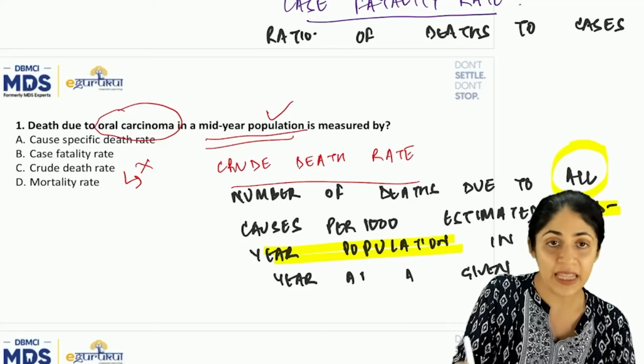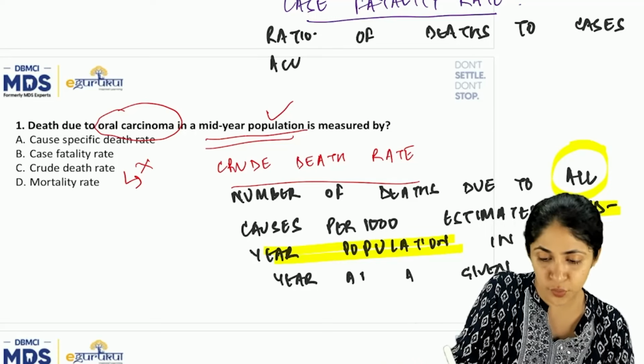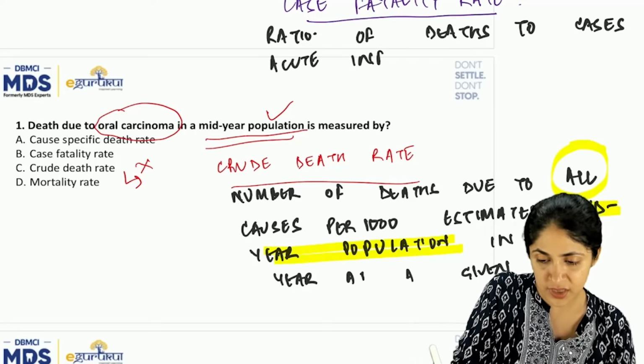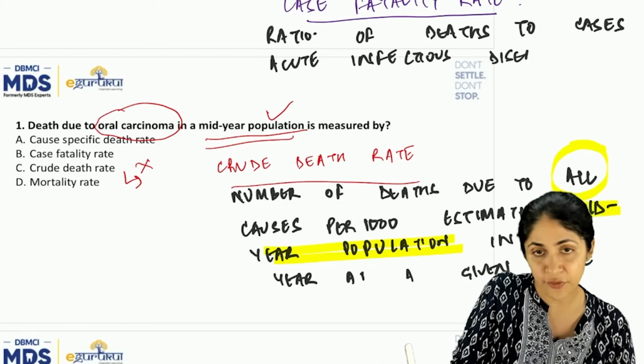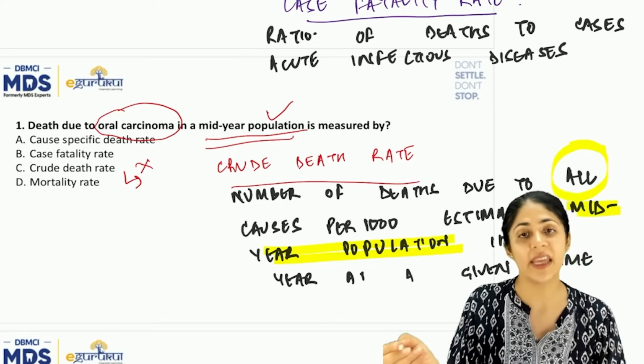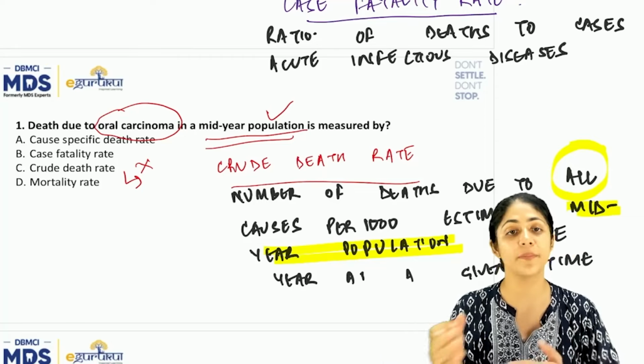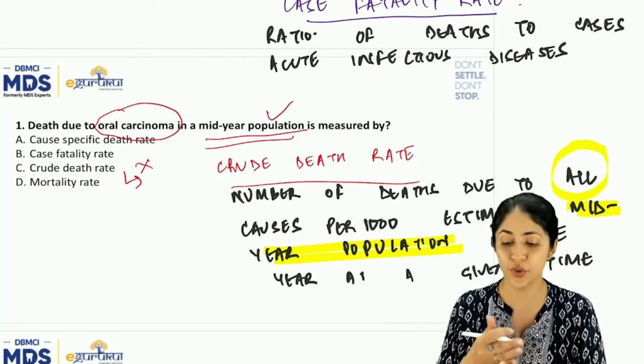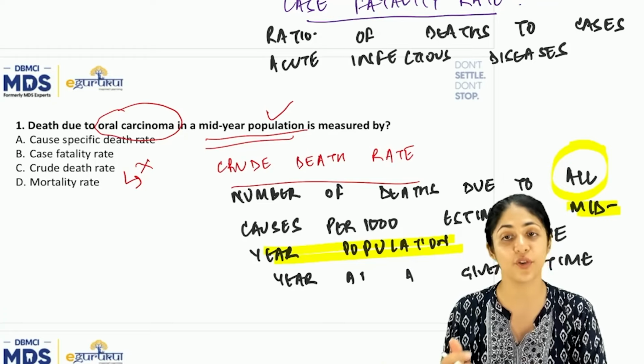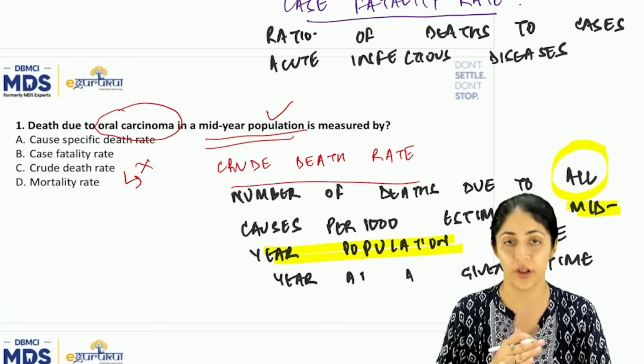Now this is mainly useful for acute infectious diseases. Its usefulness in chronic diseases is variable, because the period from the onset to the death in case of chronic diseases is long, okay.